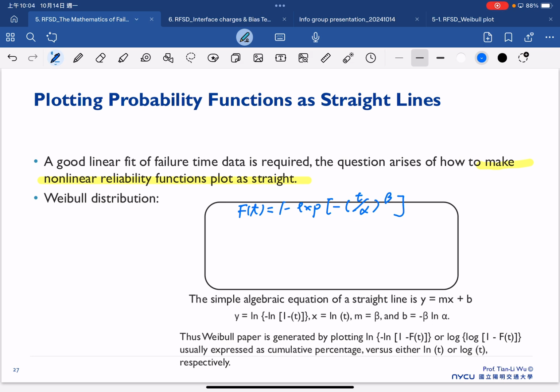Now we put the natural log on both sides. Once we put the natural log here, this equation becomes like here.